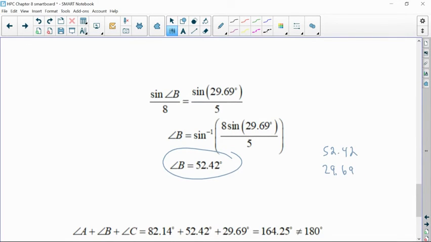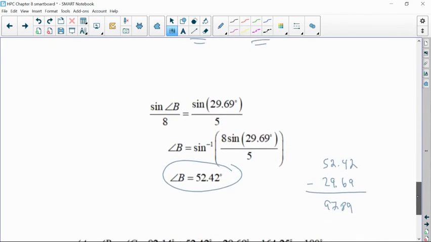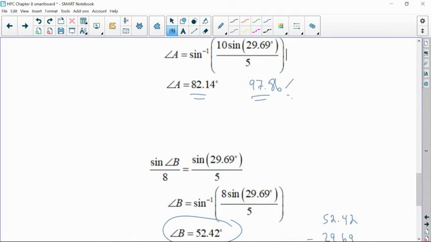So you could have just subtracted those 2 from 180 if you wanted to. When you subtract them, you get 97.89, which, unless I did my math wrong, is off by a hundredth or so. But it shows that this angle up here was obtuse. So rather than getting that one first, I should have solved for angle B.